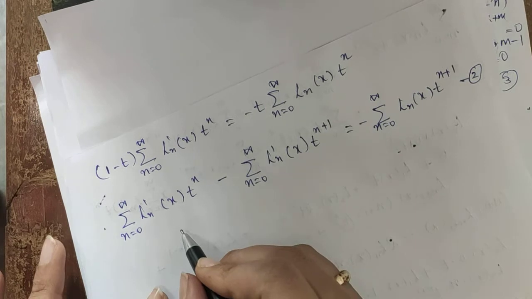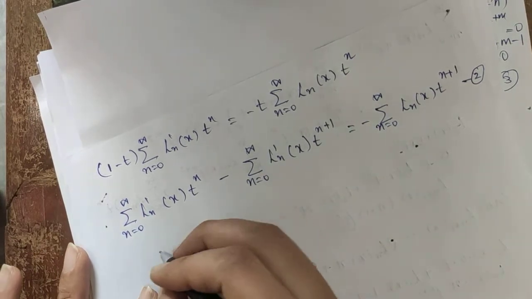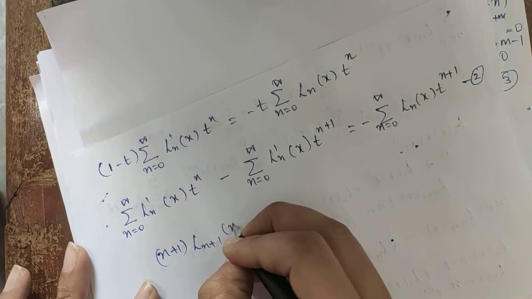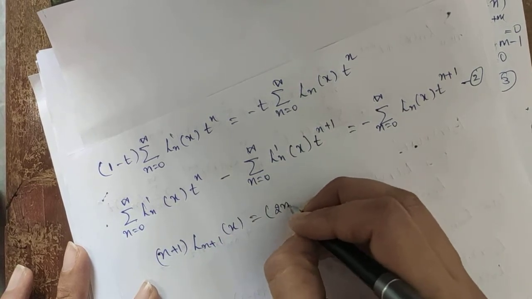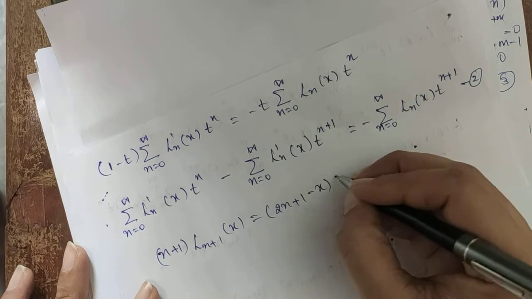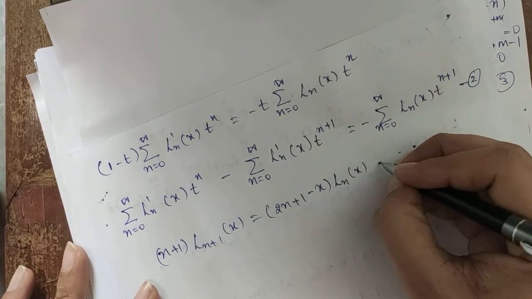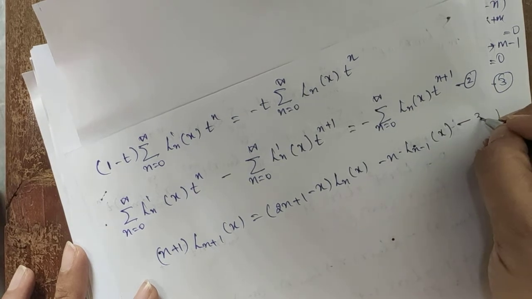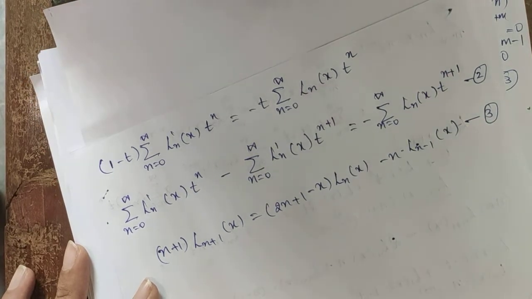Okay. Now let's use recurrence relation 1, that is n plus 1 into ln plus 1 of x is equal to 2n plus 1 minus x into ln of x minus n into ln minus 1 of x. I will call this equation number 3. Okay.